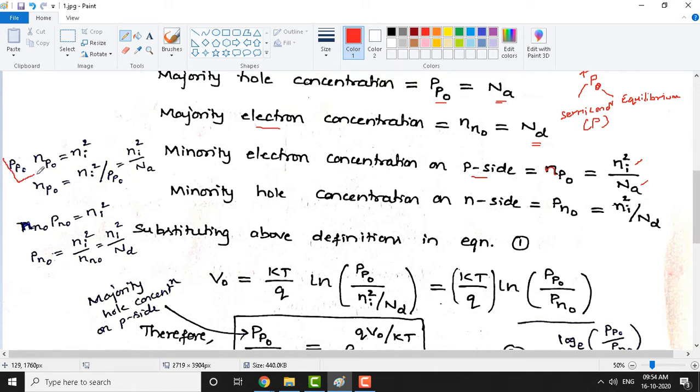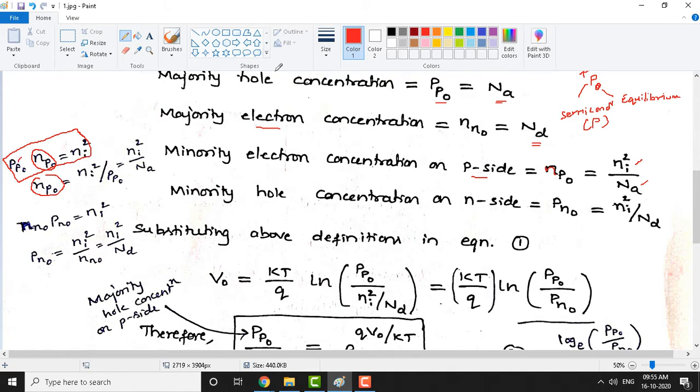I suggest you recollect all the formulas that we showed under module 1. I am taking this formula straight from module 1: the product of Pp naught, holes on the P side, and Np naught, electrons on the P side, should be equal to Ni square. Here I am just deducing the equation for Np naught, which can be written as Ni square divided by Pp naught.